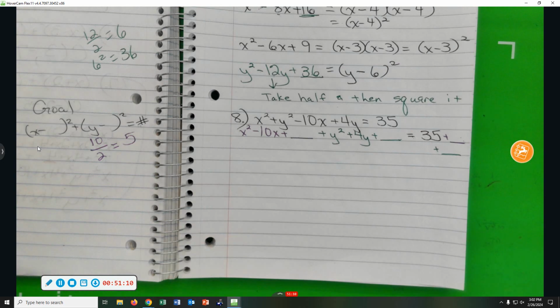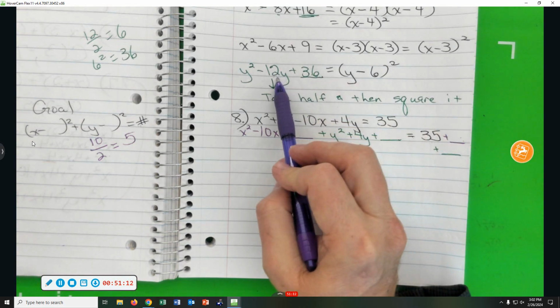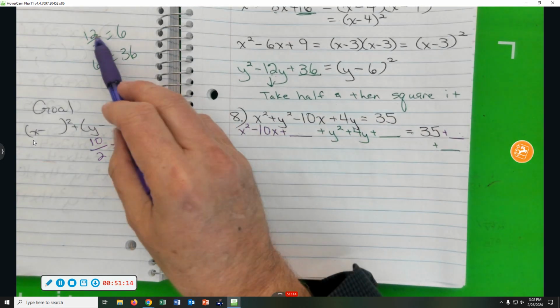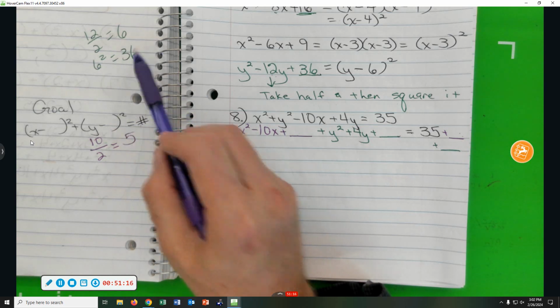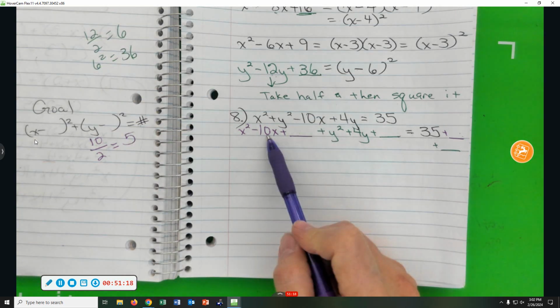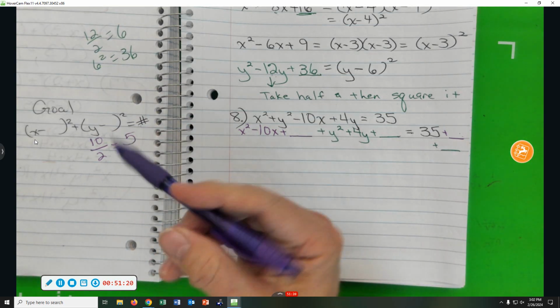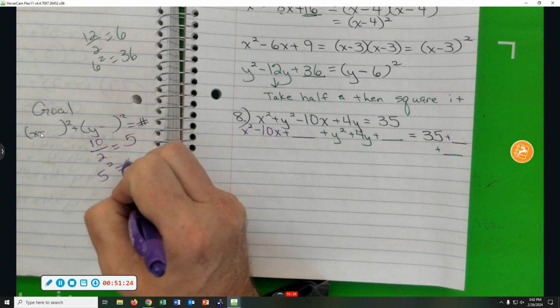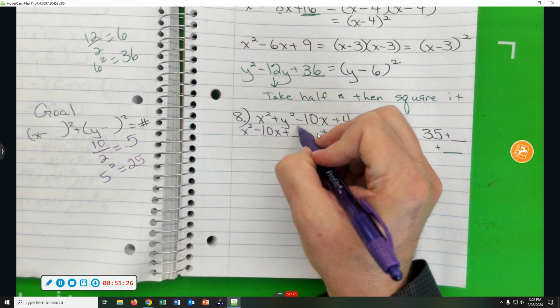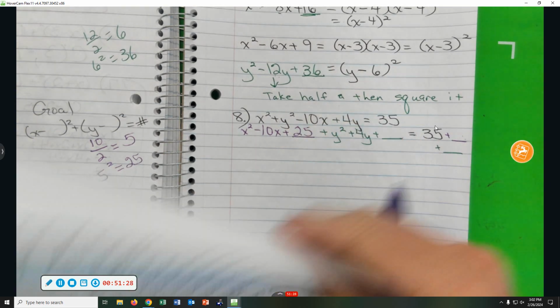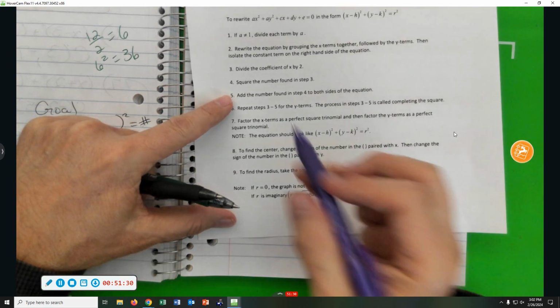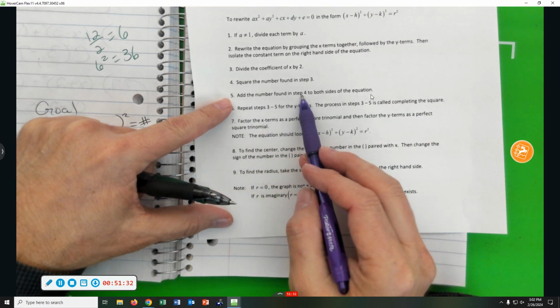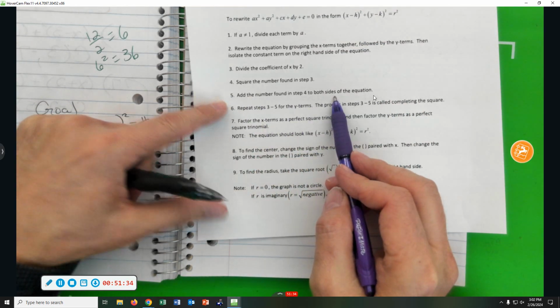Isn't that what we were doing here? Take half of 12, then square it to get the 36. You take half of 10, that gives you 5. Then you square it. 5 times 5 is 25. You put 25 on the left side. Step number 5, and on the right: add the number found in step 4 to both sides of the equation.